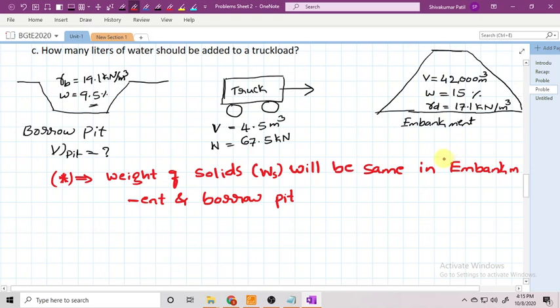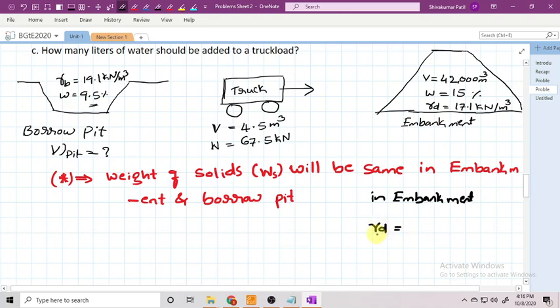So what is dry density here? In the embankment, what is dry density?